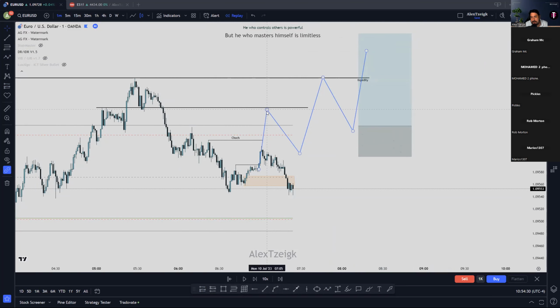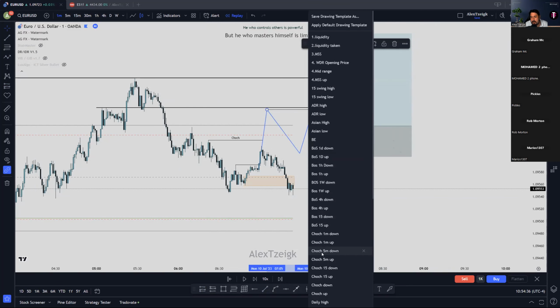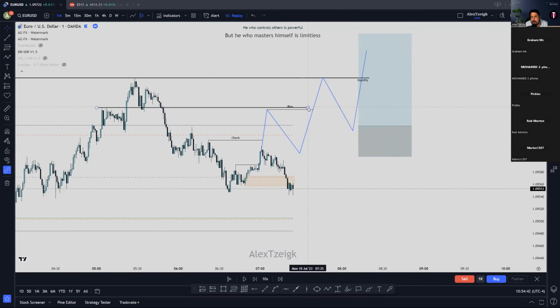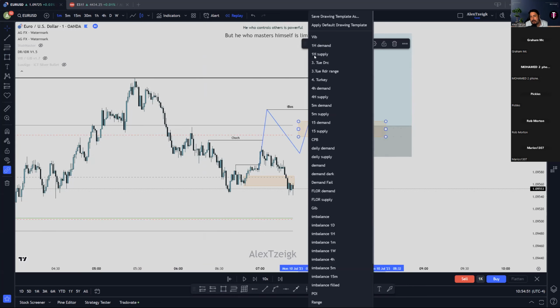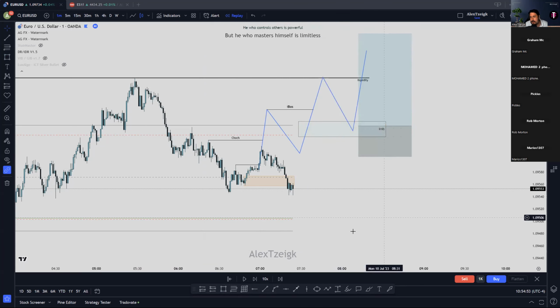Above, I would have an internal break of structure at this point. Okay, internal break of structure. Okay, let's put this line. Okay, and I would enter from this point over here. I would probably enter from the imbalance that would have formed over here that caused the internal break of structure.